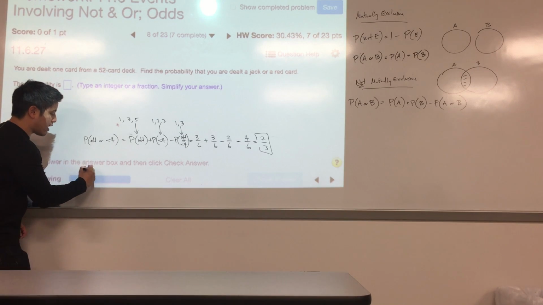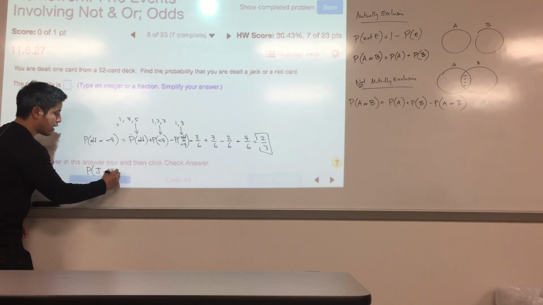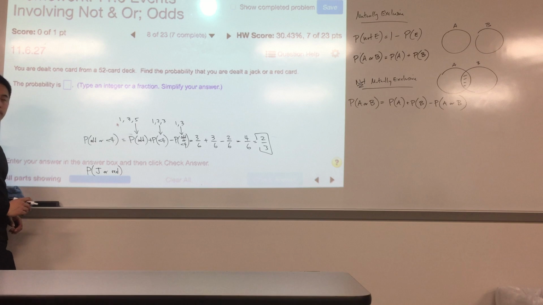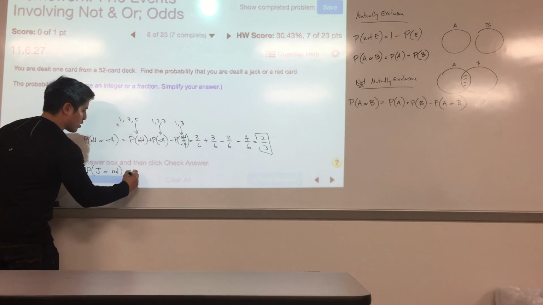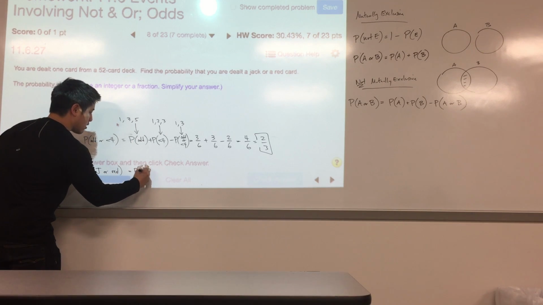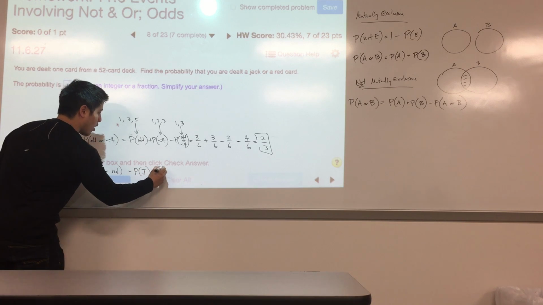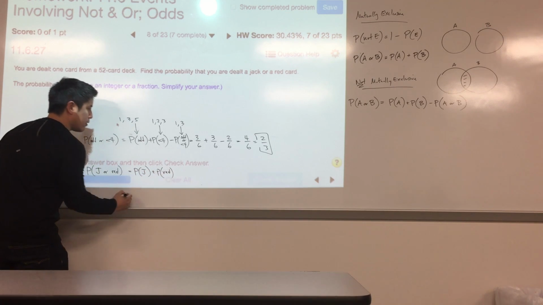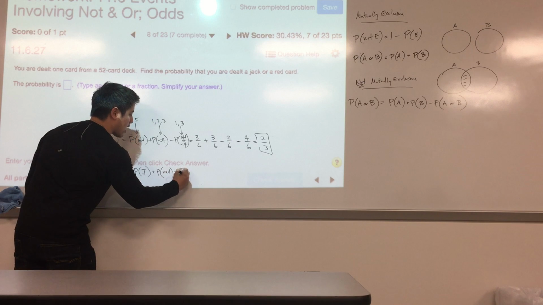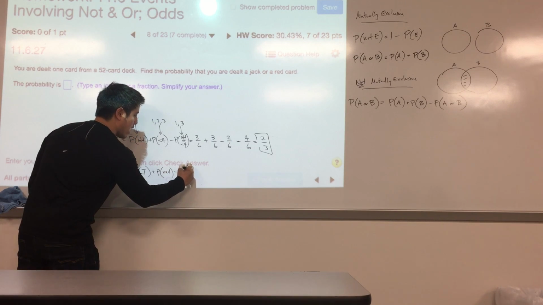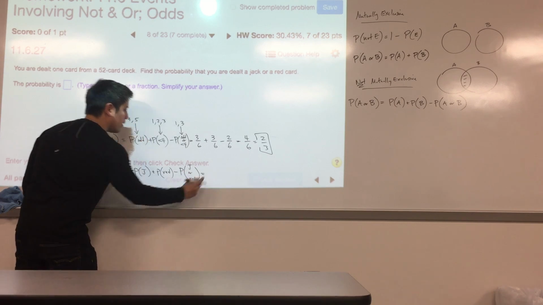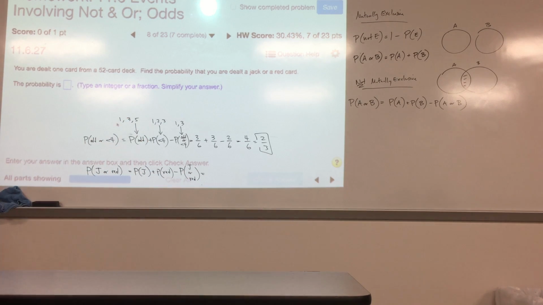So probability of getting a jack or a red card, right? What we're going to need to know is the probability of getting a jack. We're going to need to know the probability of getting a red card. Then we're going to need to subtract any extra overlap of a jack or a red card. Does that make sense, guys?